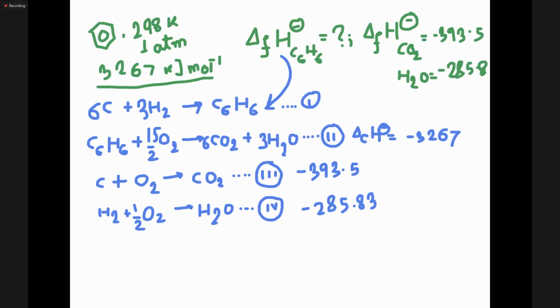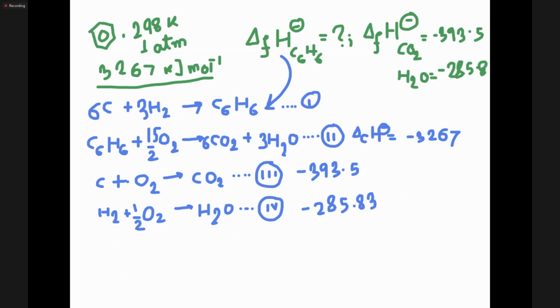And now we have got these two. So now we have to multiply the first equation by 6, and also we have to multiply equation 4 by 3. And then what will we have?